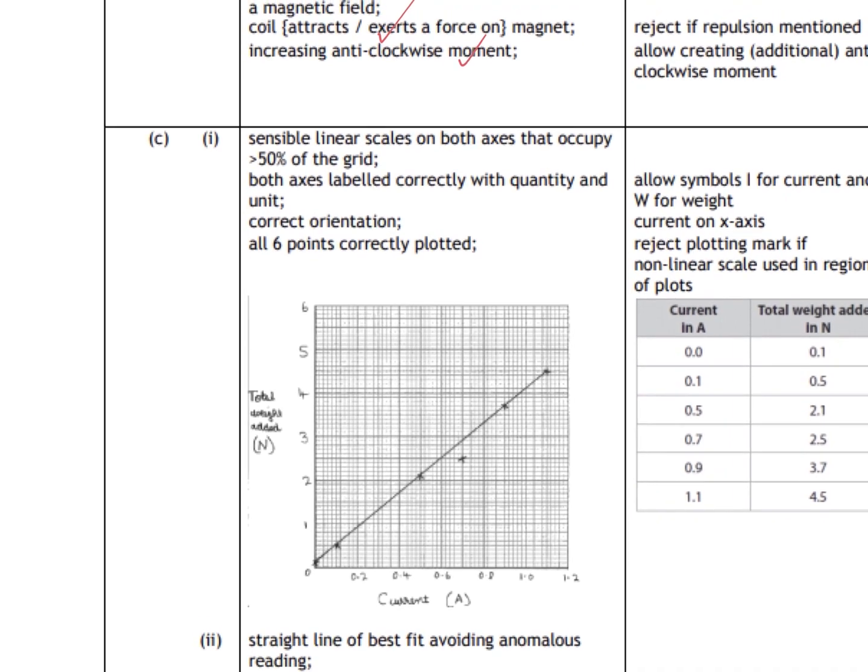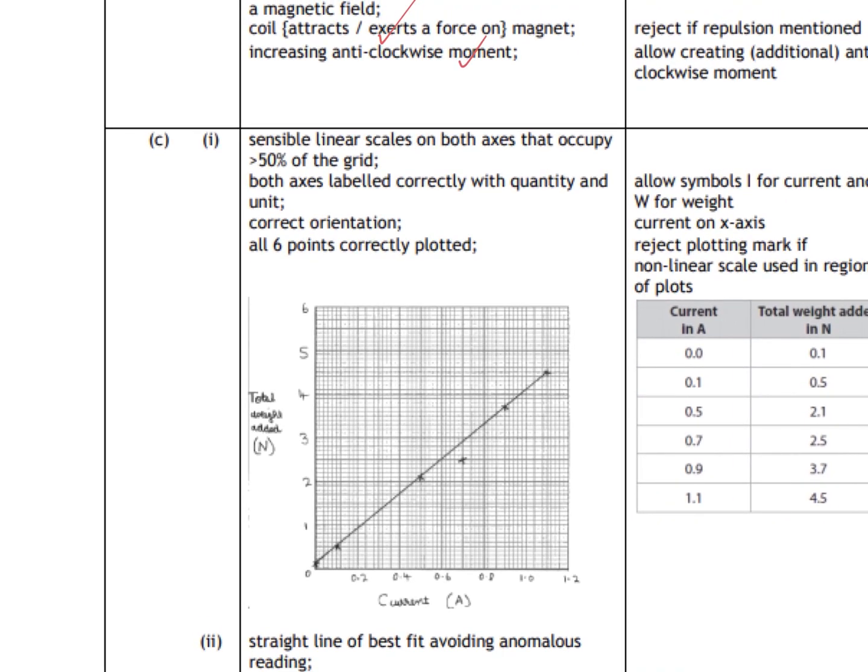Good, it then describes that you have a sensible scale, which we did. It occupies over 50% of the grid, it did. We correctly label the axis with units, importantly. The correct orientation, it had to be current and it had to be weight added. And then the points correctly placed in.